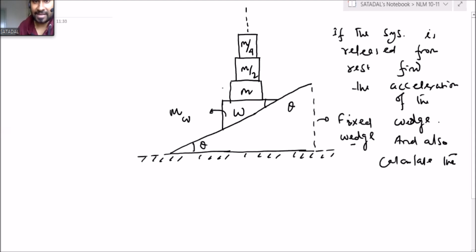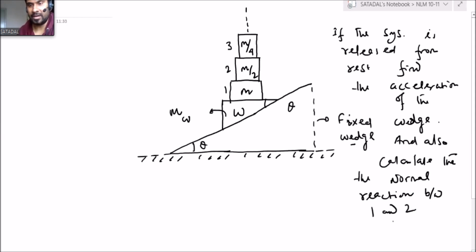Tag the blocks as 1, 2, 3 like this. Also calculate the normal reaction between 1 and 2. Chalo, rock stars, come on. Do it.